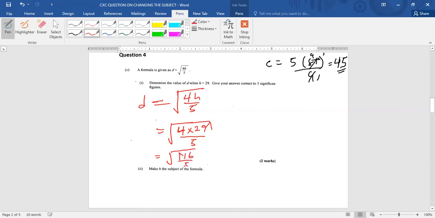What do we get, please? 23.2. All right. So D is equal to the square root of 23.2.